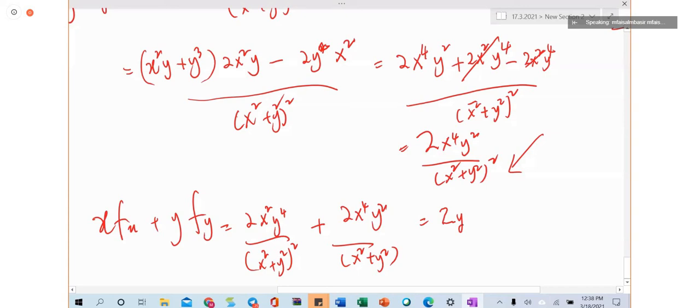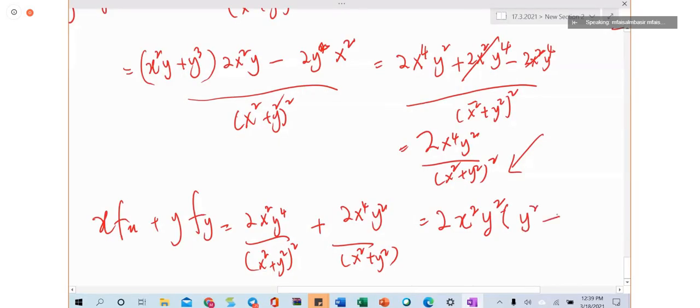See whether we can do something on this. 2x squared y squared. What do you have?